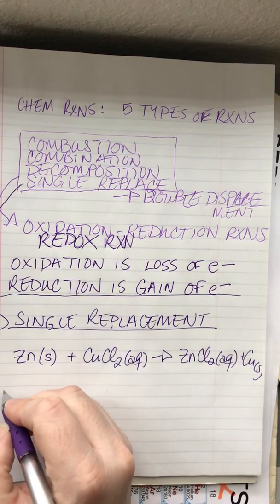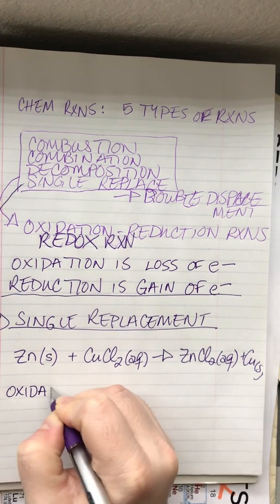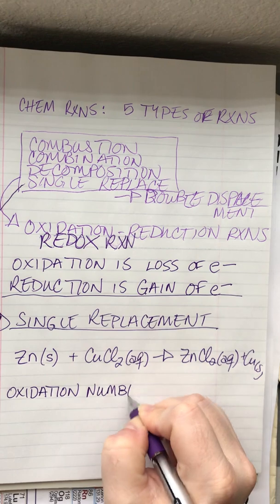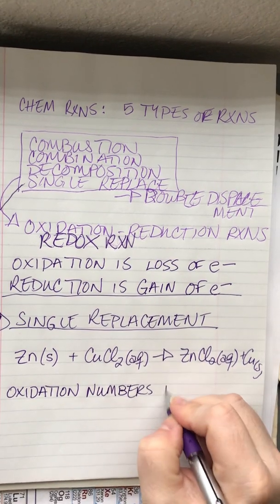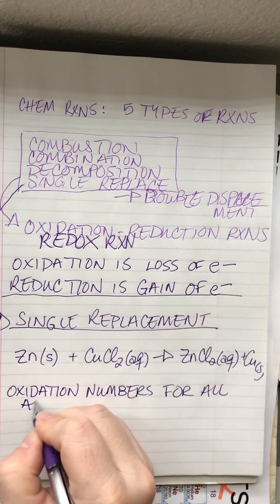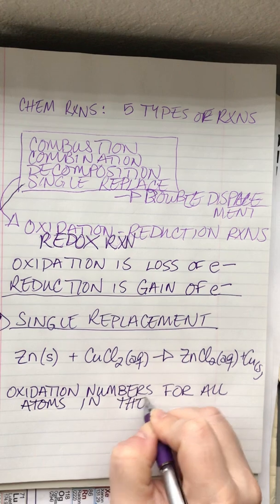So the next thing we want to do is figure out the oxidation numbers for all atoms in the reaction.